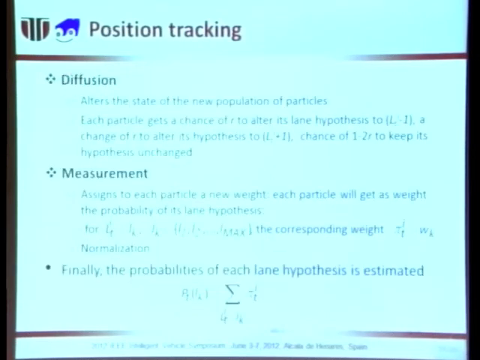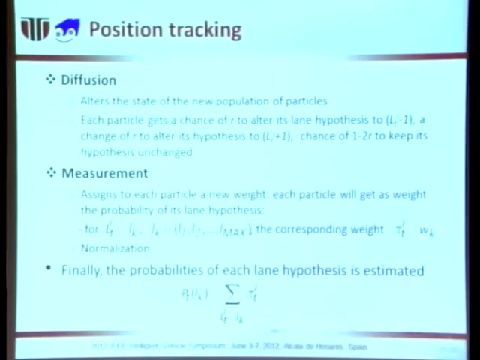The second step, diffusion, alters the state of the new population of particles. Each particle has a chance R to move to its neighbor on the left, a chance R to move to the right, and a chance of 1 minus 2R to keep its hypothesis unchanged, that is, to remain on the same lane.